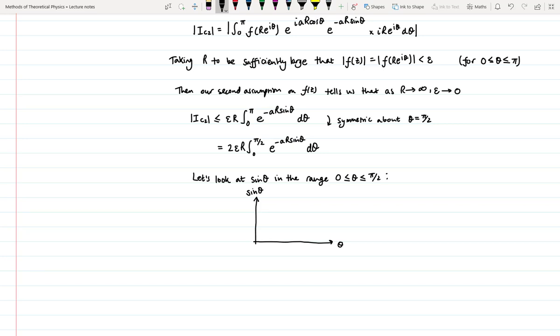We know that its maximum is 1, and that occurs at pi by 2. And out here is pi. And I can draw this. That's not particularly symmetric, but you get the idea, and I'll label it to make sure it's obvious that this is sine theta.